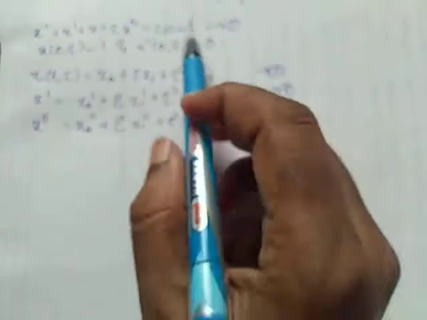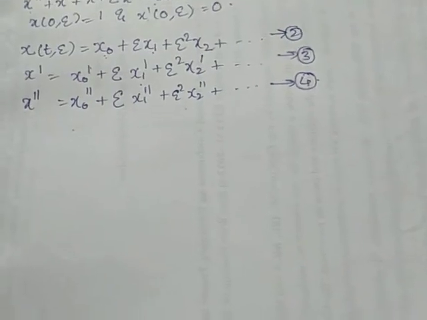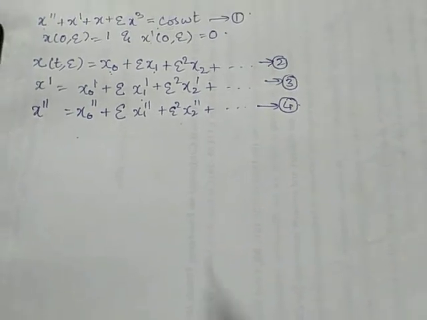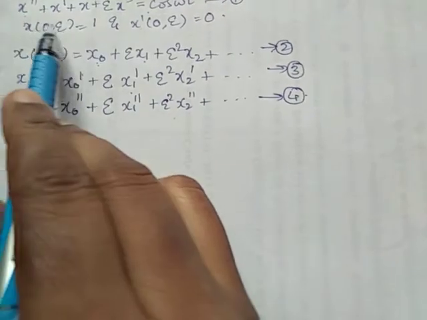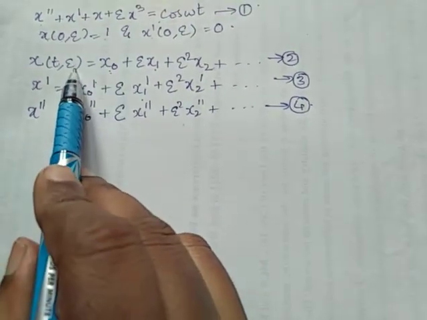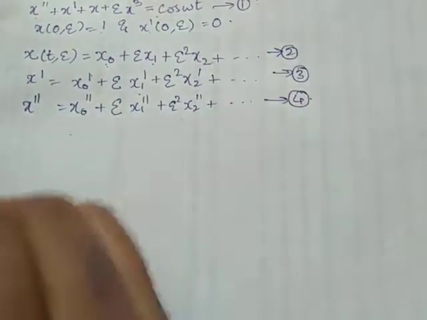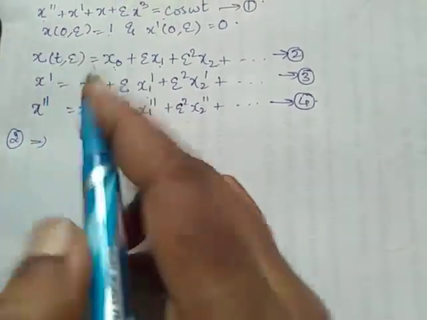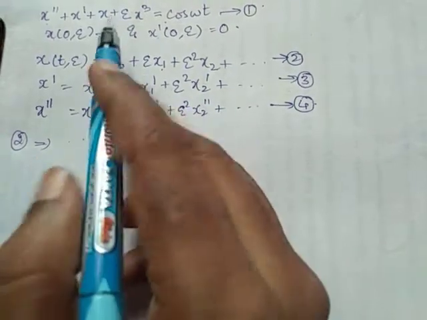Before substituting this in equation 1, we will find the initial conditions for x0, x1, x2, etc. We have x of 0 is equal to 1, so we substitute t equal to 0 in equation 2. When t is 0, x is 1.